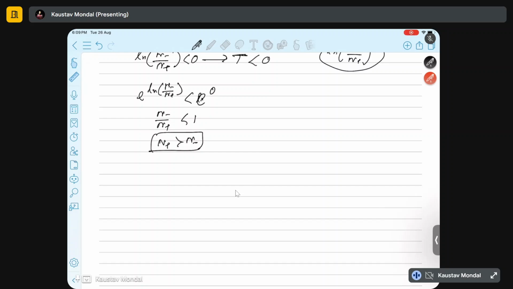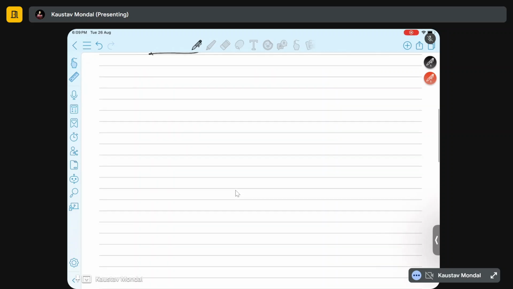Also, for a two level system, the first thing that we calculated is the partition function, right?